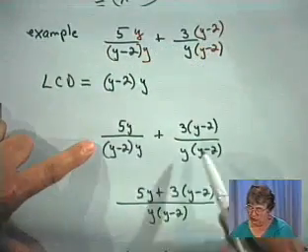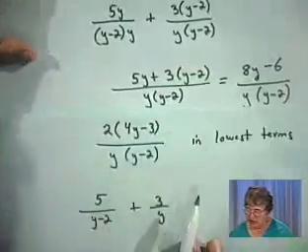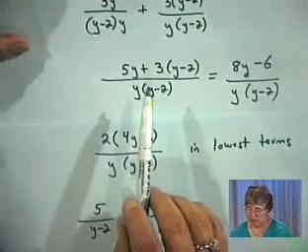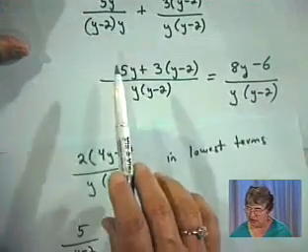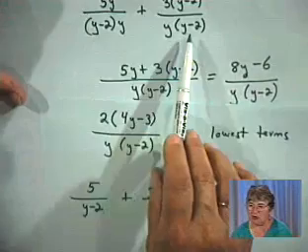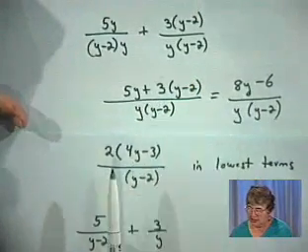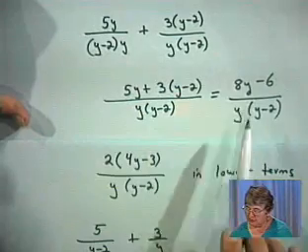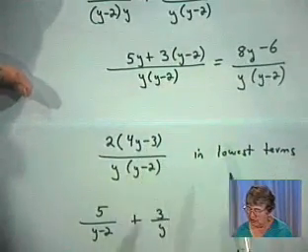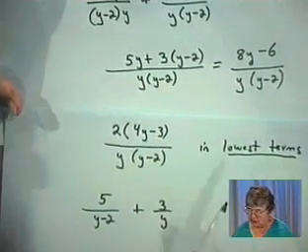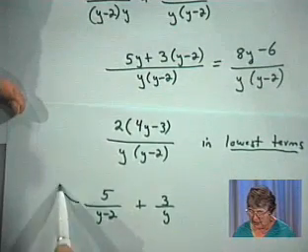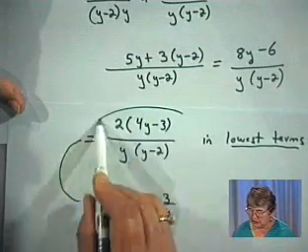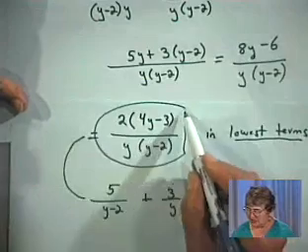Then we could go ahead and add the two terms because now they have a common denominator of y minus 2 times y. So then all we needed to do was to add the numerators. We simplify, we factor, and write in lowest terms. So this expression right here then equals this expression in lowest terms.